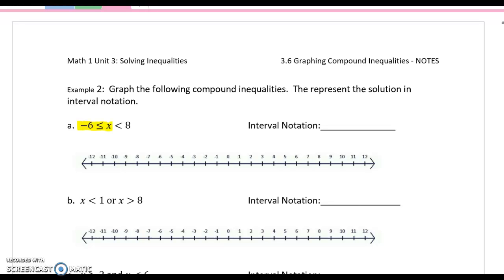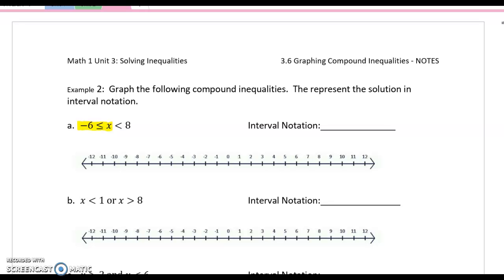The way you want to interpret these compound inequalities in terms of a graph is that you want to look at one inequality symbol at a time. Here I've highlighted this left half of the compound inequality, and you notice that we have the less than or equal to inequality in that half.